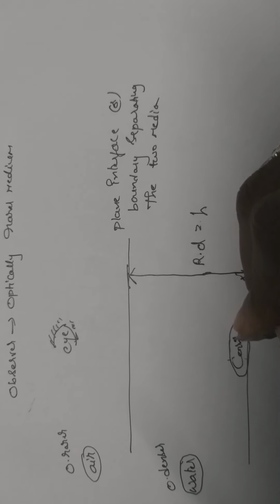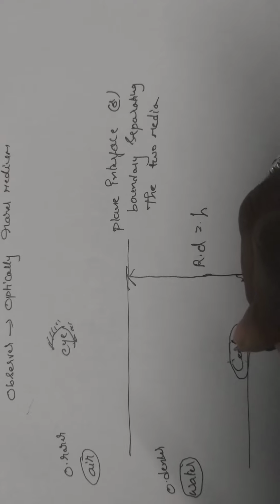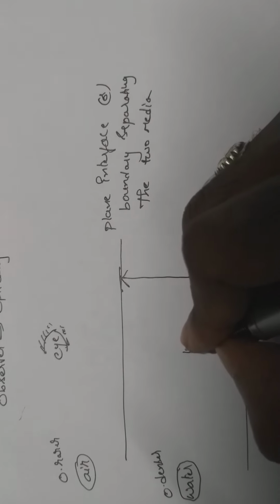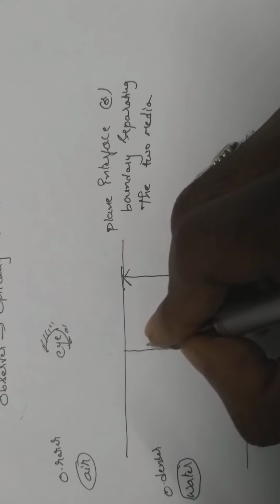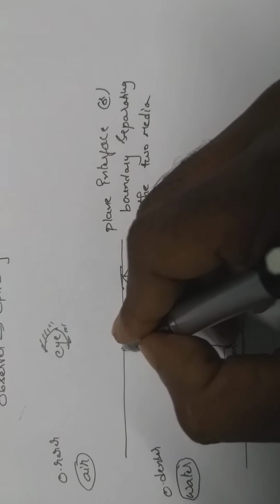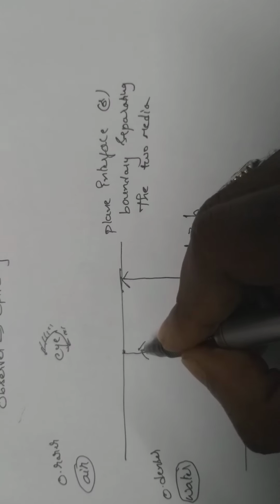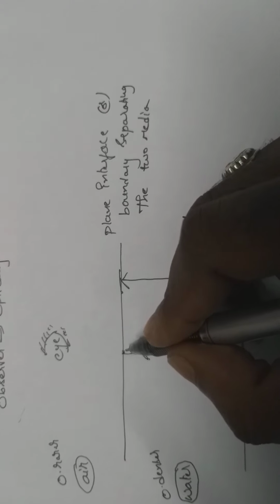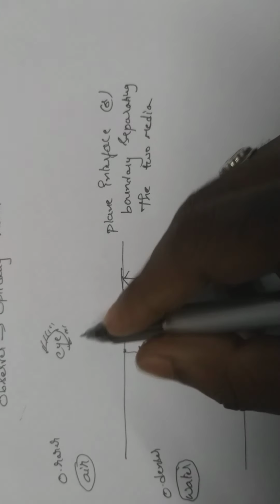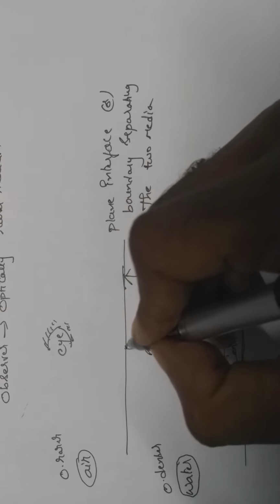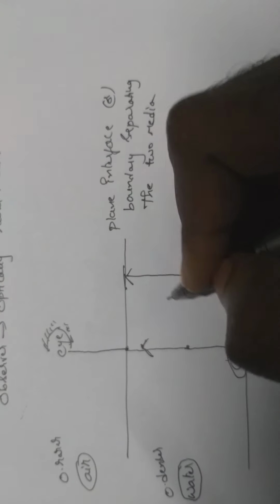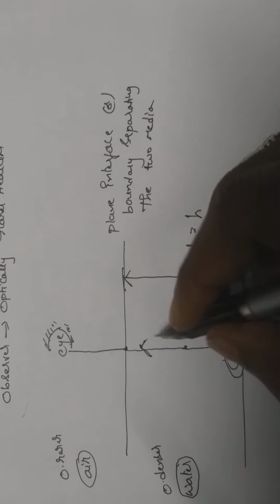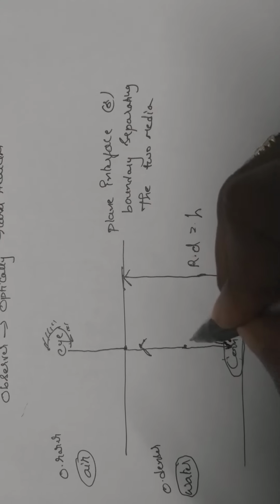Let us consider one ray incident normally from the object on the plane surface. As we already learned in refraction, if a ray is normally incident on the refracting surface, it goes undeviated and reaches the eye like this.